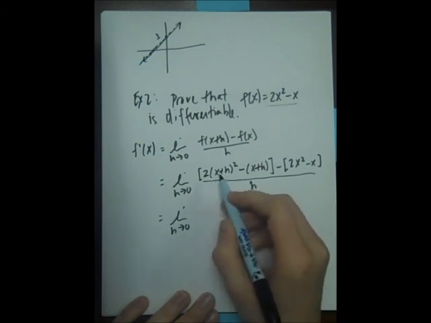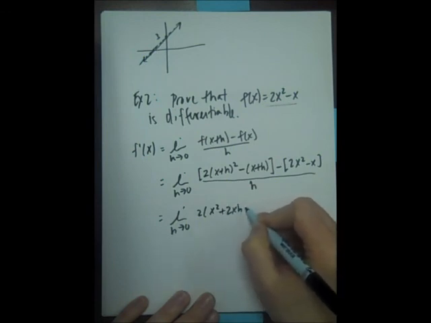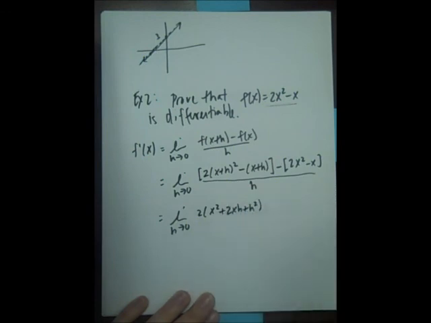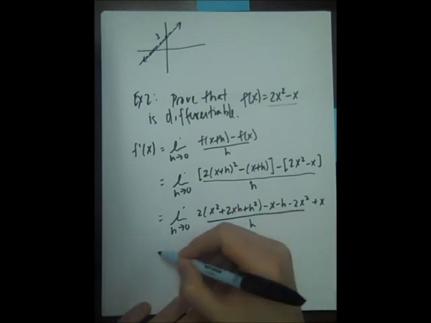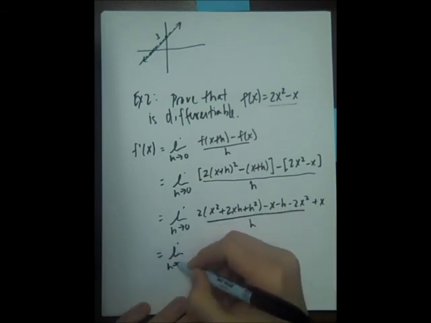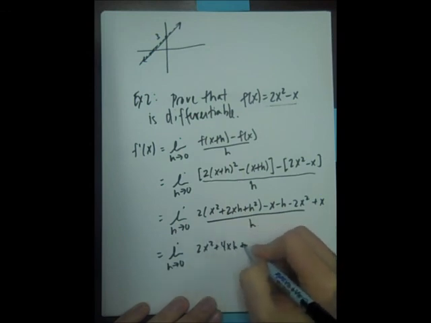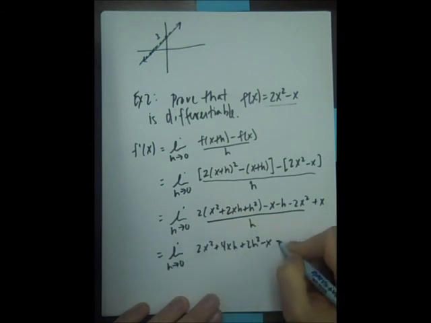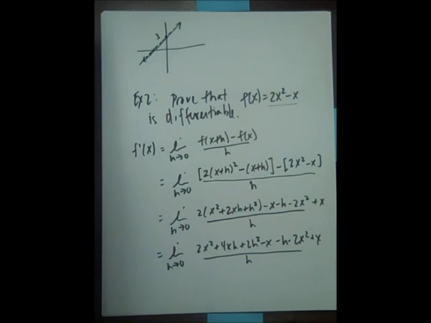X plus h squared is x squared plus 2xh plus h squared. Then I have a minus x minus h minus 2x squared plus x once I distribute that negative. And now let's distribute the 2. So I'll get 2x squared plus 4xh plus 2h squared minus x minus h minus 2x squared plus x, all divided by h.